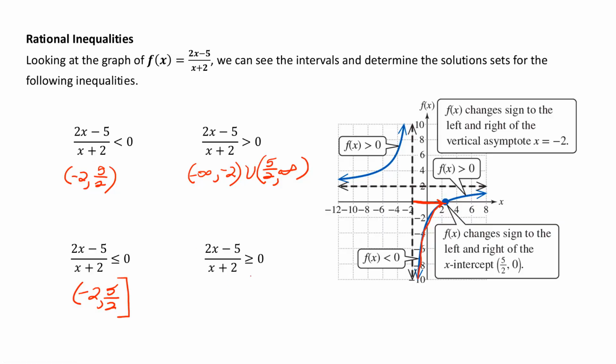And then when is the function greater than or equal to 0? That's going to happen from -infinity up to -2 when it's on the left side of the asymptote. And then also from 5 halves up to infinity, including 5 halves this time.